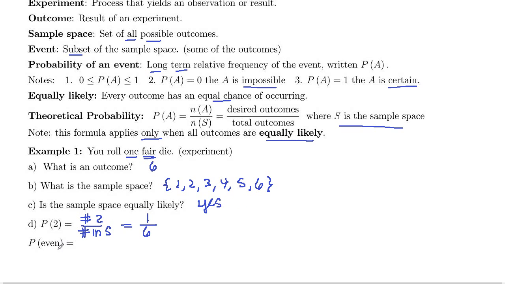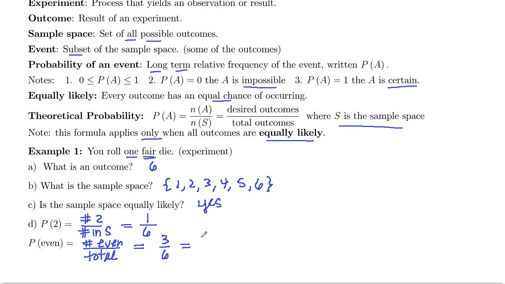Probability of rolling an even number, that's going to be the number of evens on the die over the total number of sides. That is the number in S. So desired outcomes are that you roll an even. There's 3 evens, 2, 4, 6. And then total outcomes from rolling a die, 6 possible.